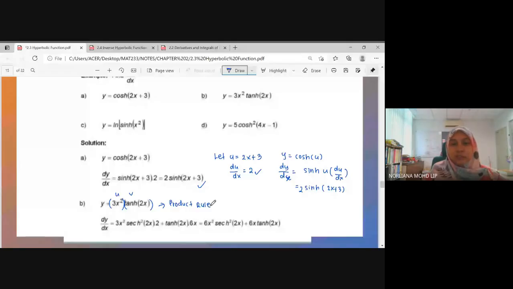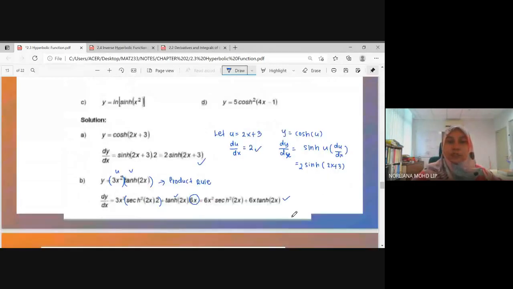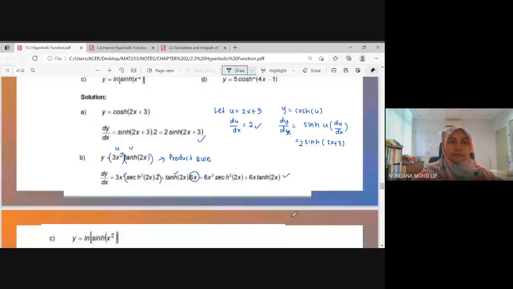So u is 2 secant square 2x, plus 6x times hyperbolic tangent 2x. We get this answer. You have to apply the rules from before in Calculus 1. There is the quotient rule, all must be applied. If it involves multiplication, we apply the product rule.